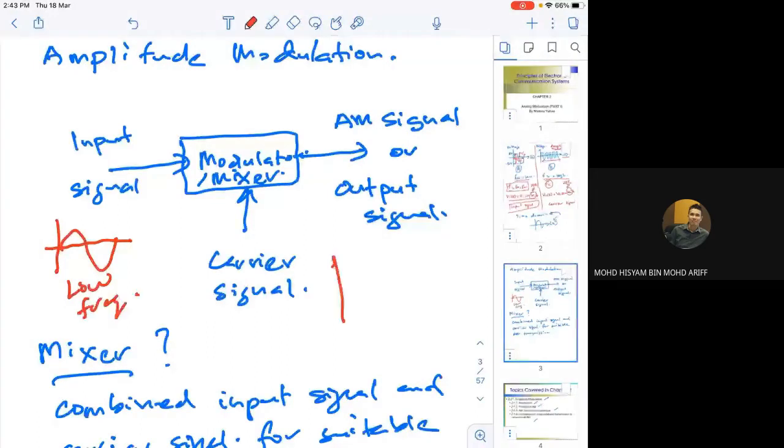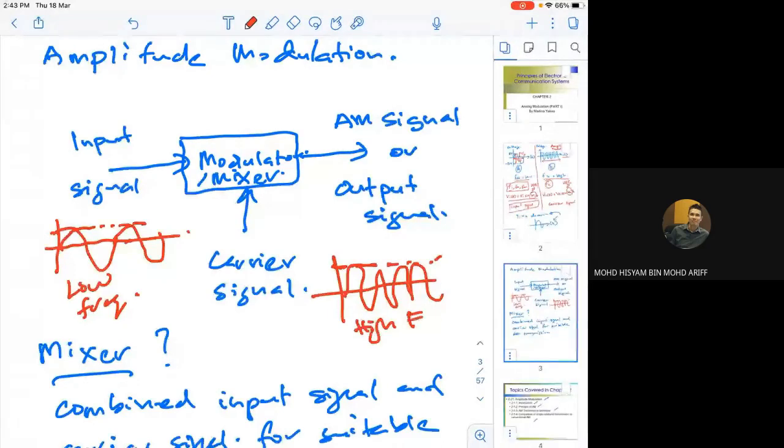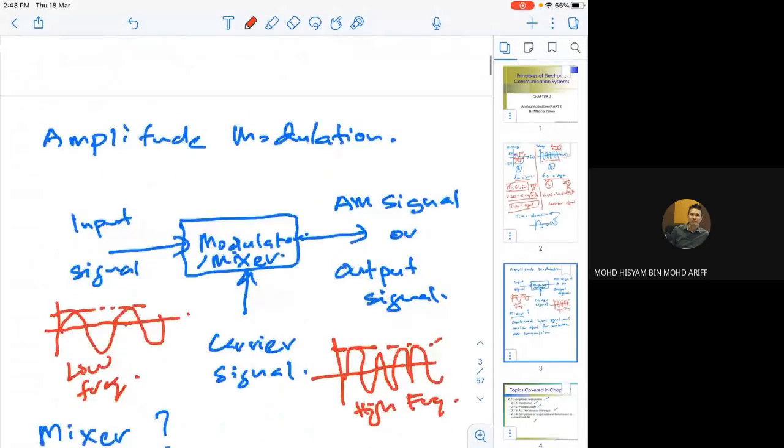And then the carrier signal, the amplitude is the same. This one is high frequency. Then how to draw the AM signal? The AM signal looks like this.